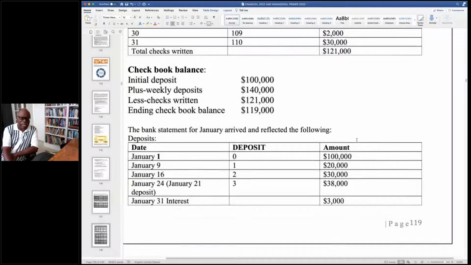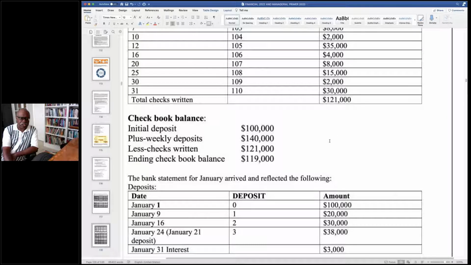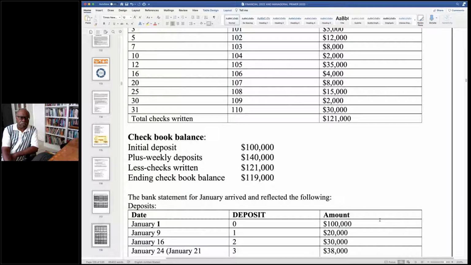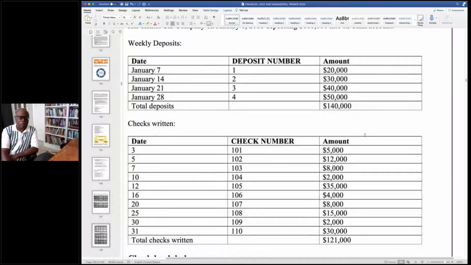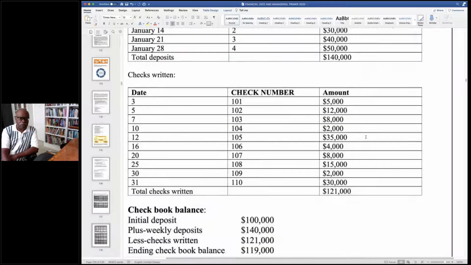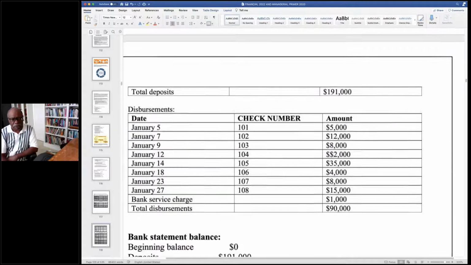That's why, with the bank reconciliation, you want somebody independent of the person who writes checks and does deposits to open the statement and do the reconciliation. So issues like that can be discovered and controls put in place. Cash is very important. You have to have super controls in place to control it. Any questions?